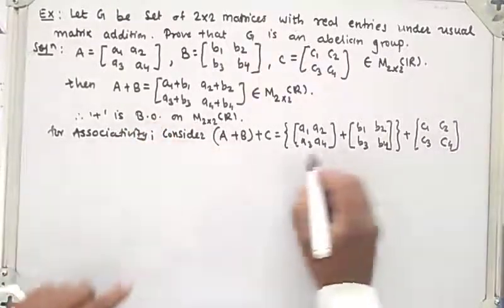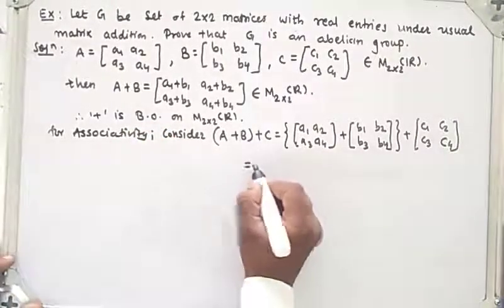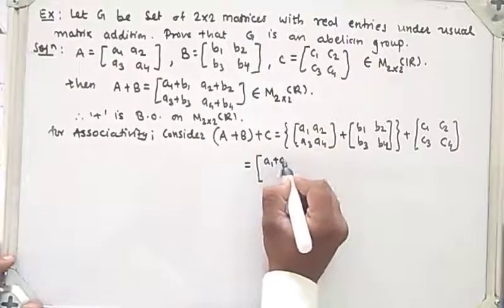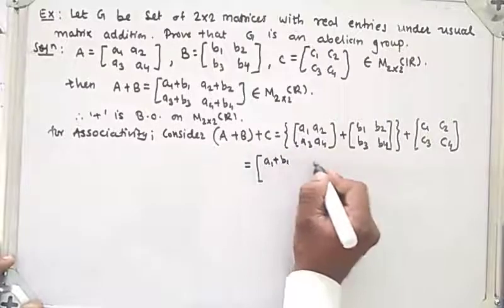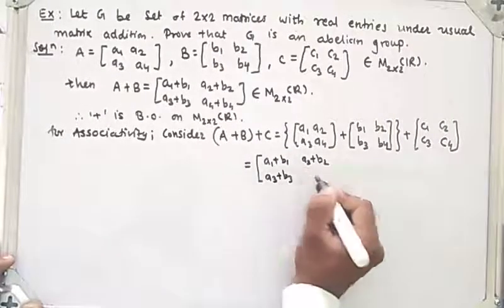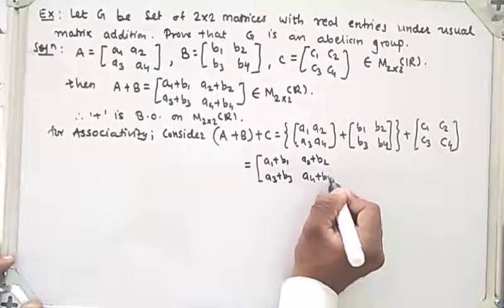First add these two matrices, we will get A1 plus B1, A2 plus B2, A3 plus B3, A4 plus B4.